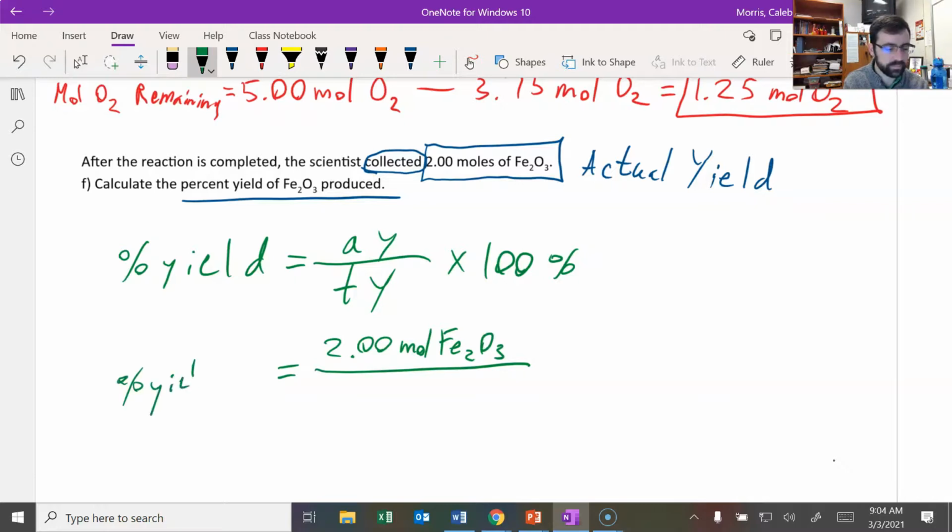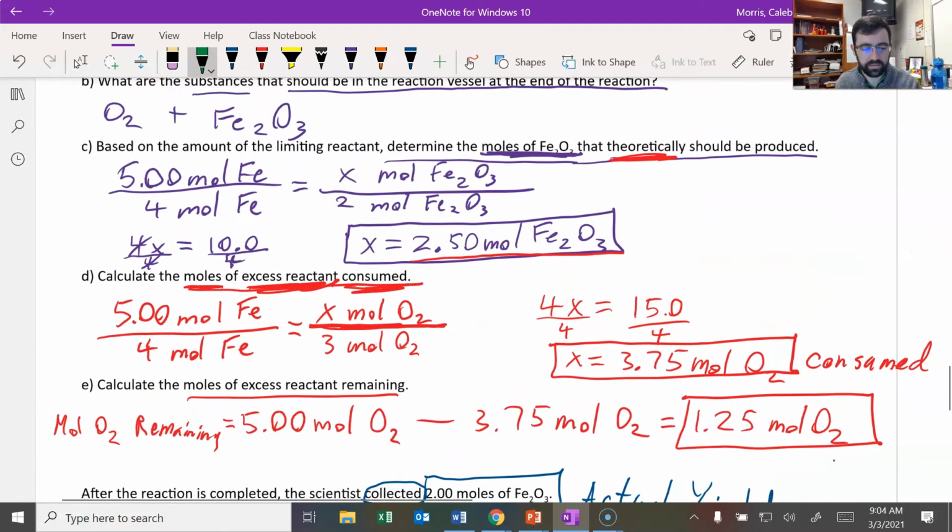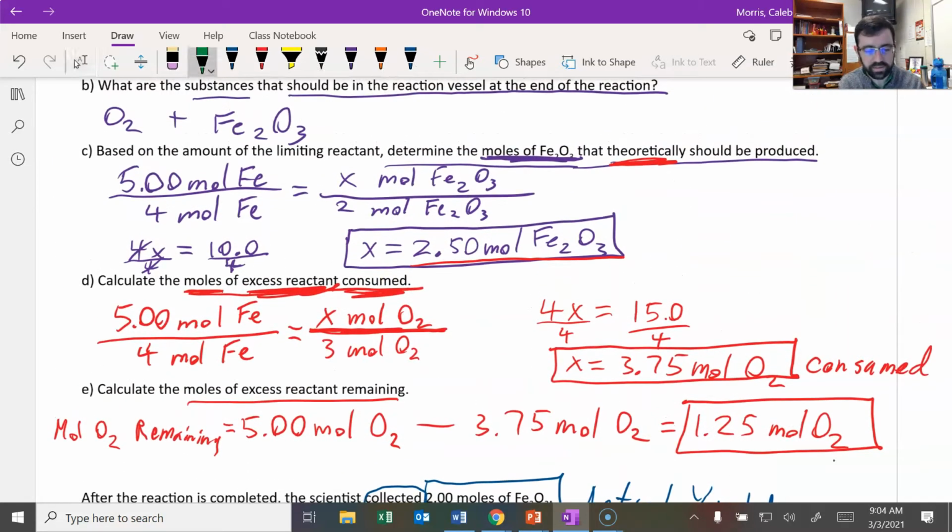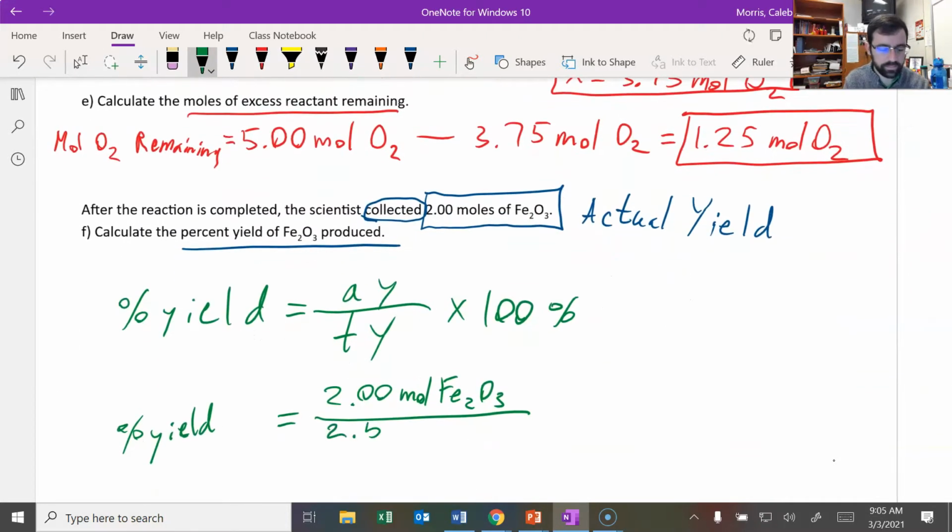And then I'm going to go up and find the theoretical yield again. The theoretical yield is 2.50 moles of Fe2O3. And then we're going to multiply that by 100. So we have 2.00 divided by 2.50 times 100, and I get 80%. So this is an 80% yield.